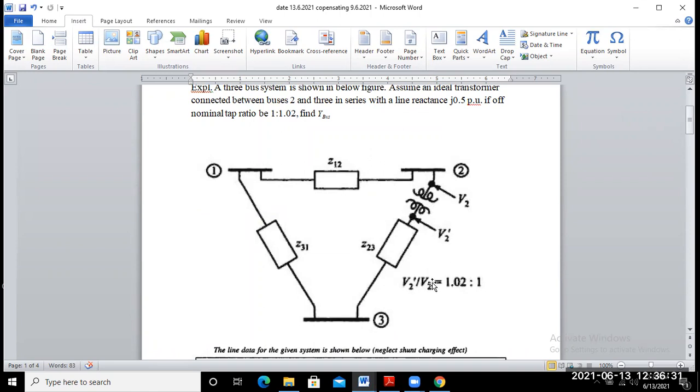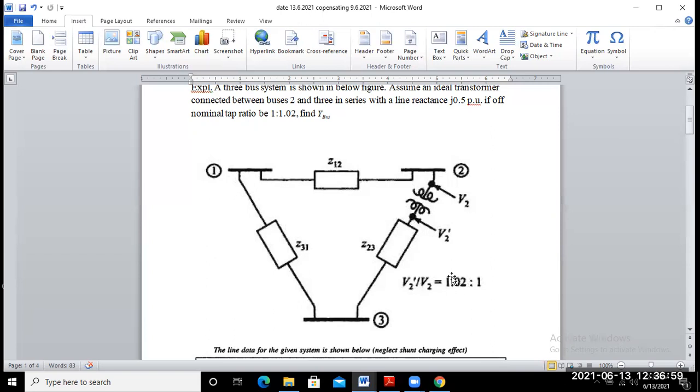You just transform the voltage along this side. V2 dash is represented by this side voltage and V2 is along this side. So this nominal ratio given to you is 1 by 1.02. Okay, so V2 dash divided by V2 equal to 1.02 is to 1.